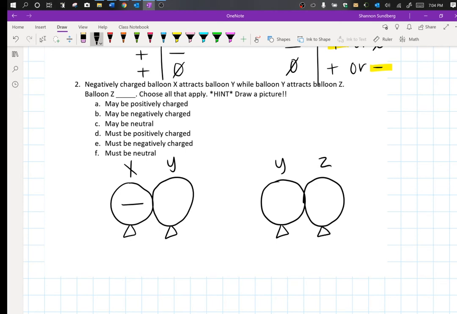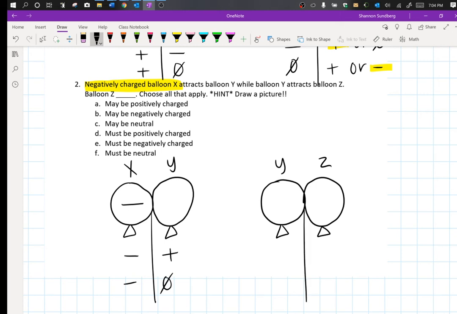So again, I've got to draw a chart. Let's chop this thing in half. X is definitely negative. They told us that. So if X is negative, Y could be positive. Or, don't forget, negatives also attract neutral things. So I'm going to copy my charges over to my other picture here.